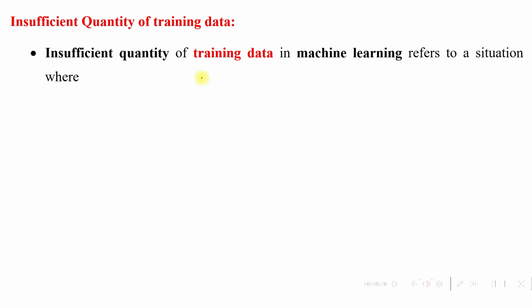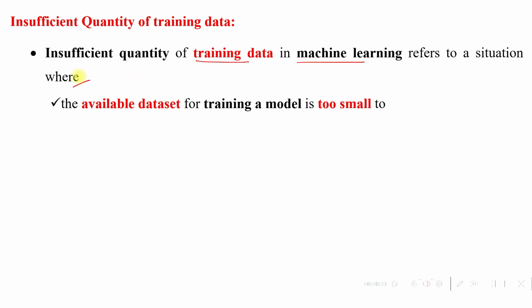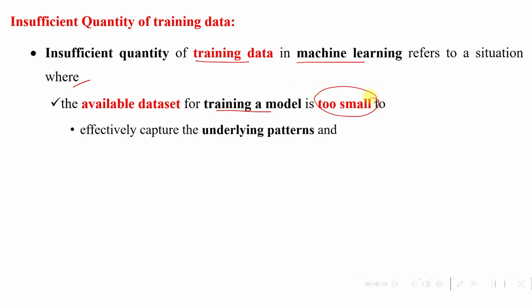Insufficient quantity of training data in machine learning refers to a situation where the available data set for training a model is too small to effectively capture the underlying patterns and complexities of the problem at hand.